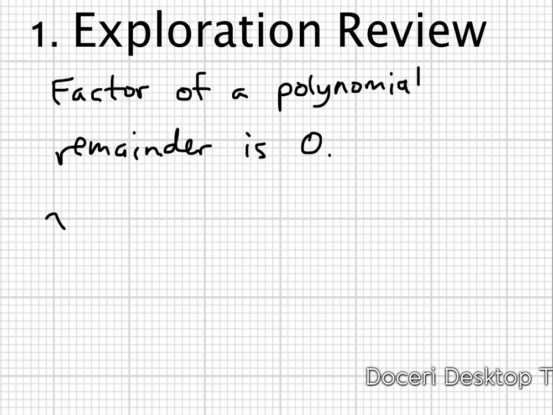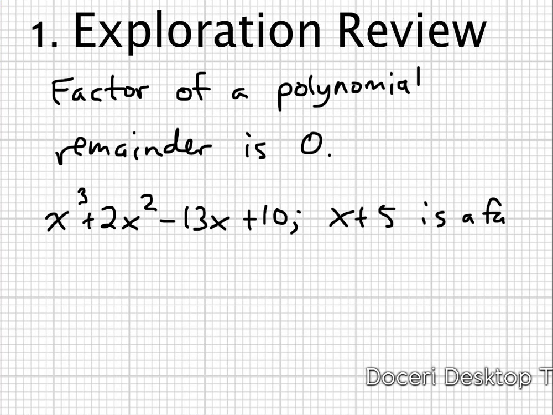So if I take x cubed plus 2x squared minus 13x plus 10, and I want to see if x plus 5 is a factor. Okay? So is this a factor? Alright? So that's what we want to find. So to do this, we're going to use synthetic division.